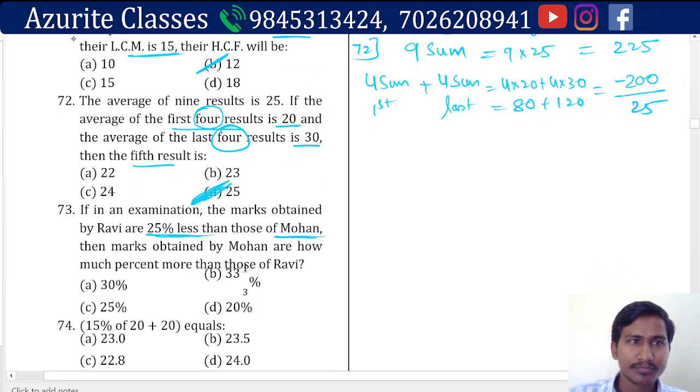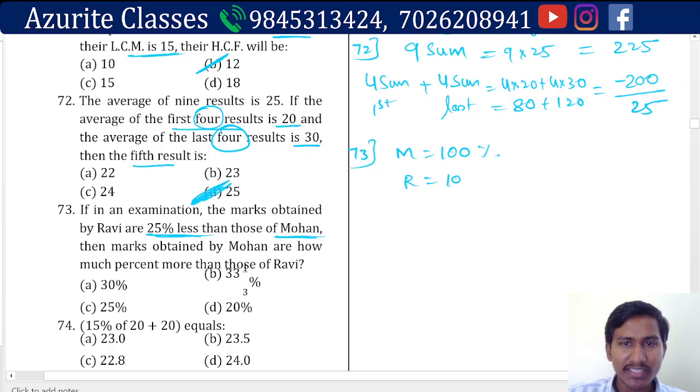So in an examination marks obtained by Ravi is 25% less than Mohan. If you take Mohan as 100%, Ravi will be 25% less. It will be 75%. Yes, Ravi will be 75%.